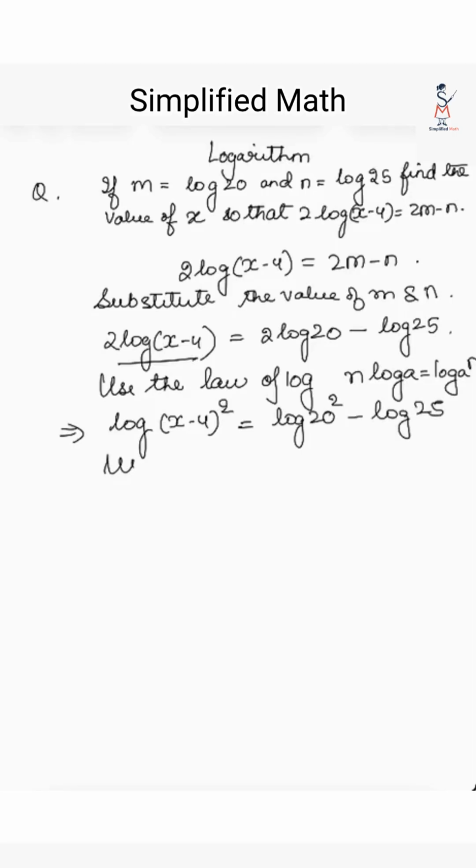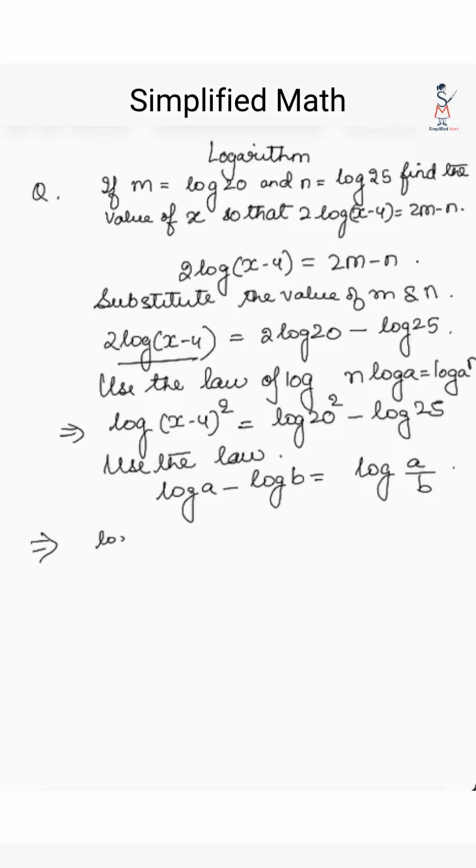Now again we will use the law of log, that is log a minus log b is log a by b. So this will become log (x minus 4) whole square is log of 20 square by 25.